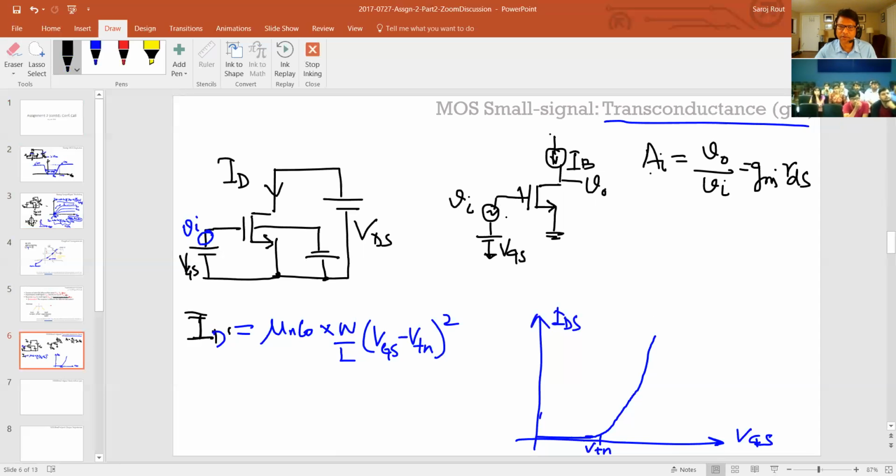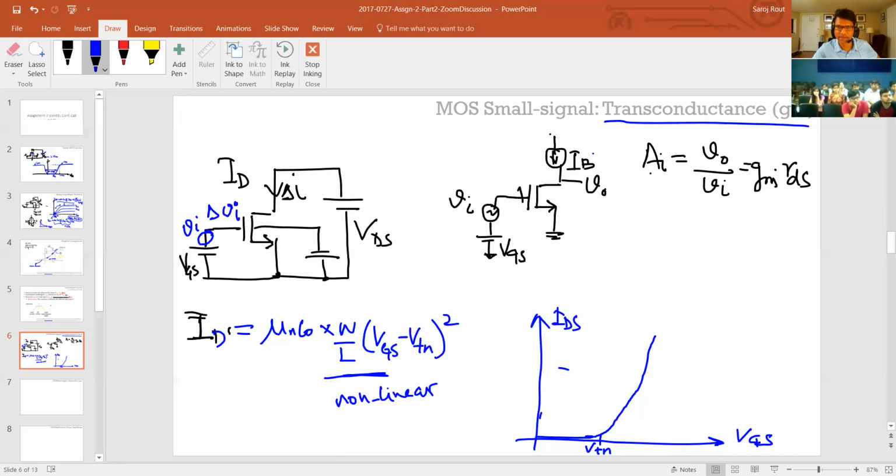So the first thing we want to find out is what is the response of delta I, which is flowing into this. So what is delta I compared to delta V, which is applied to the gate. And because this equation is nonlinear here, like we said before, in order to make a linear approximation or a linear analysis, I need to find out what the bias point is.